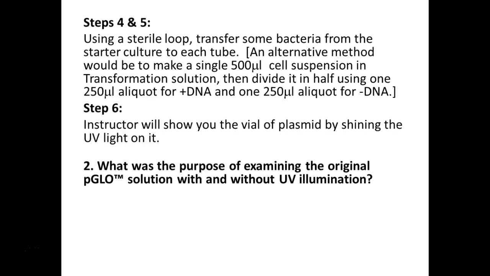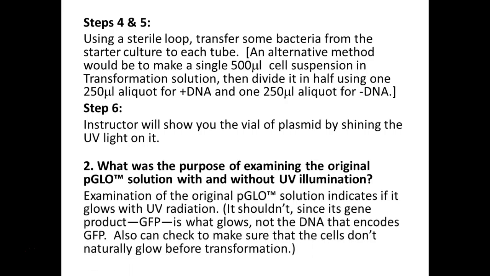Because the DNA is not what fluoresces. It's the protein that the bacteria will make. So if I've got glowing, I've got contamination with that protein, right? And we definitely don't want that. So I can tell you now, it shouldn't glow. If it glows, you'll see Miss Erica freak out.